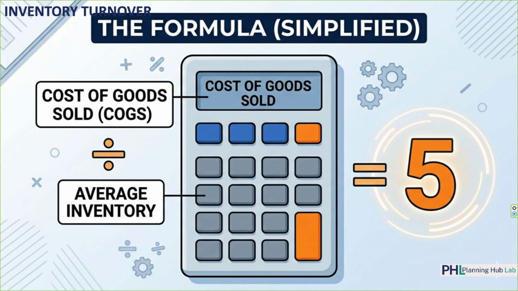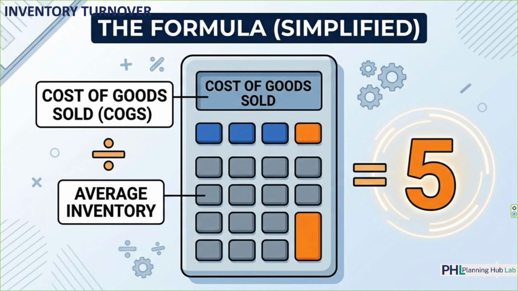Why? The reason is very simple: revenue includes your profit markup, and we want to compare the wholesale cost of what is sold to the wholesale cost of what's sitting on your shelves. So it keeps things an apples to apples comparison. The bottom number is your average inventory during the same period. You get this by adding your starting inventory to your ending inventory and dividing by 2.